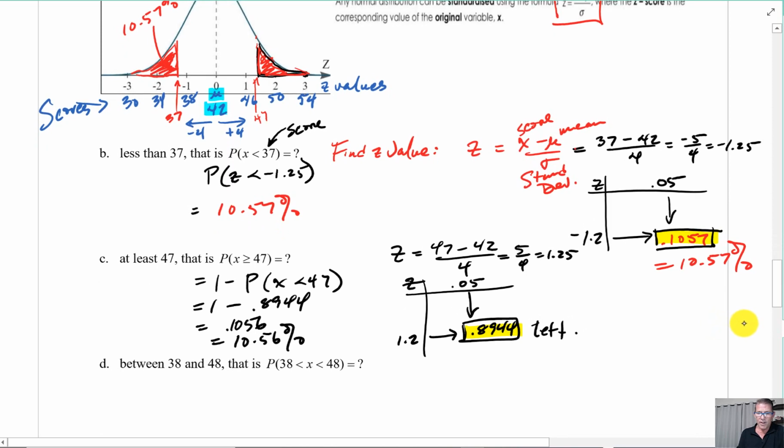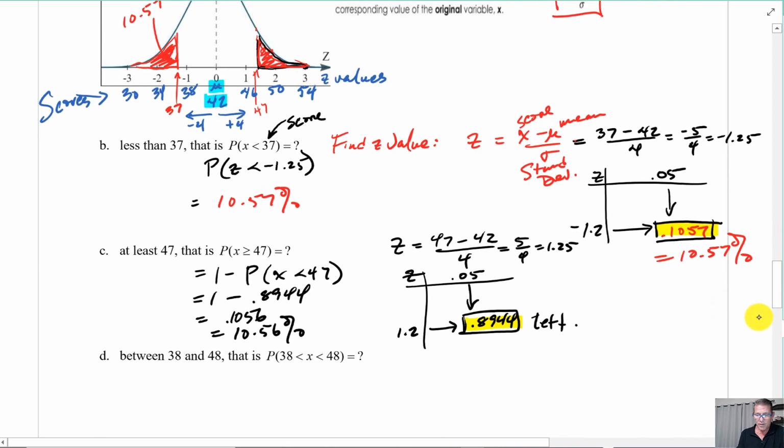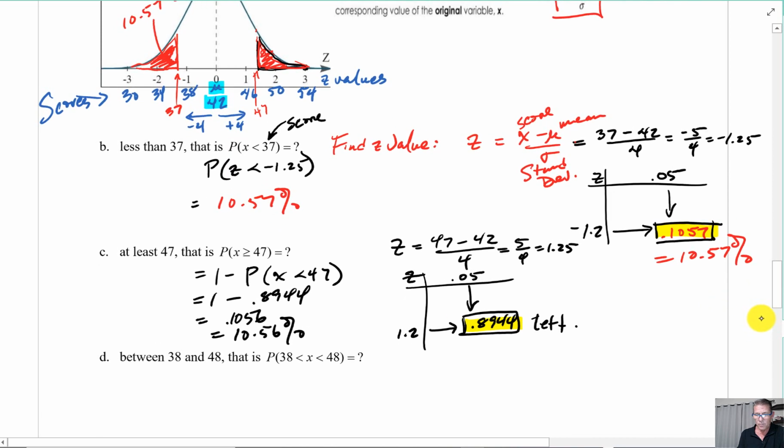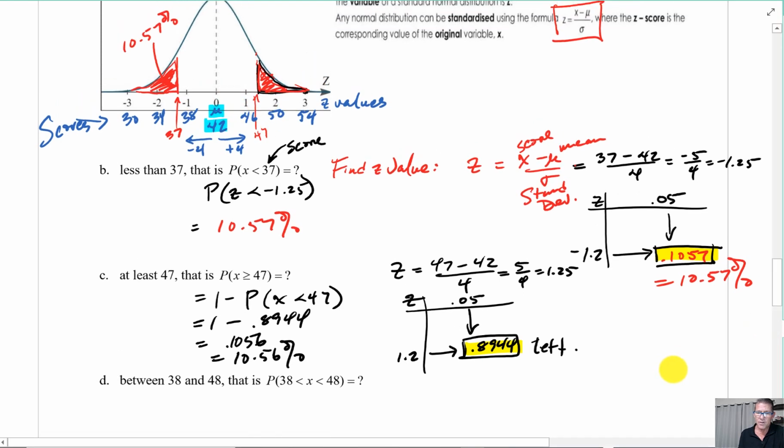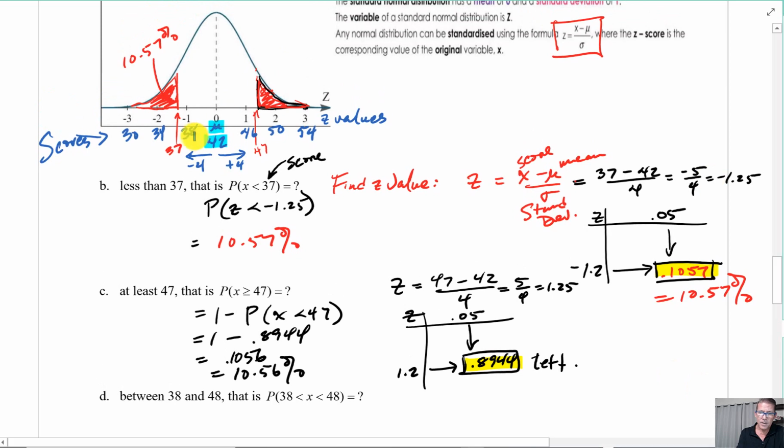Okay, and now when we figure out the area between two values, between 38 and 48, which you can kind of see on the graph right there. So 38 is here. Let's switch to purple. 38's here, 48 roughly here.